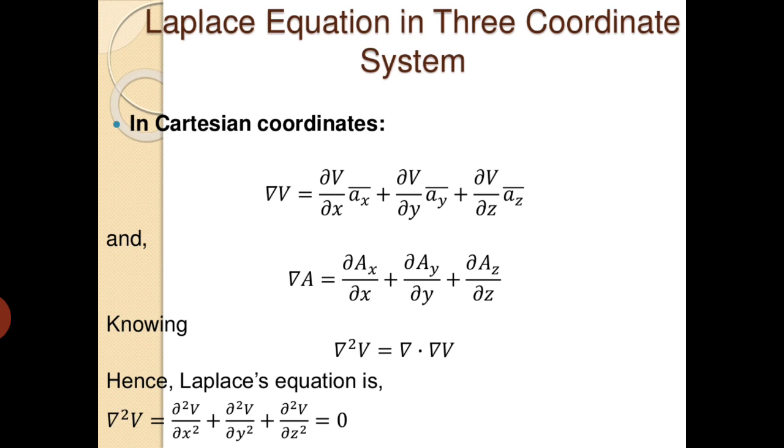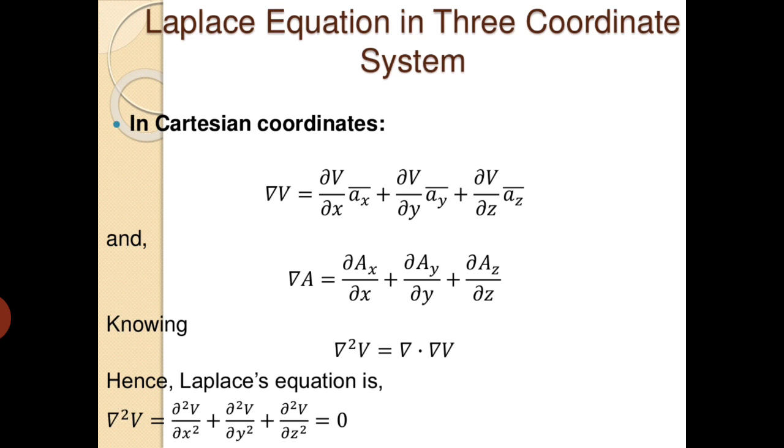Already we know the equation for del v. We have already derived this potential equation using the del operator. That is equal to dou v by dou x unit vector ax plus dou v by dou y unit vector ay plus dou v by dou z unit vector az. So this is the equation for potential, right?